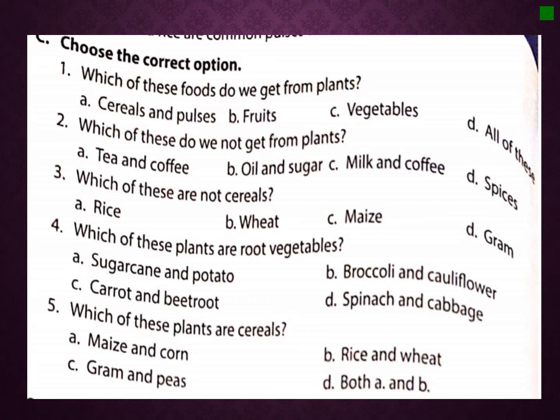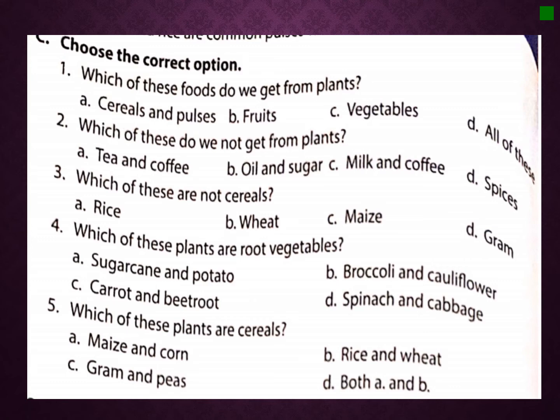Which of these do we not get from plants? Tea and coffee, oil and sugar, milk and coffee, spices. Which of these are not cereals?